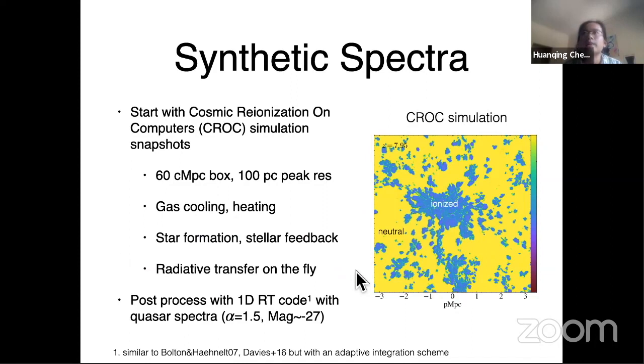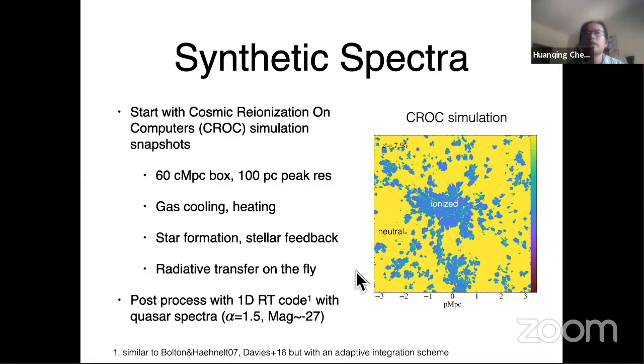We obtain these synthetic spectra by post-processing the Cosmic Reionization On Computers simulation. This CROC simulation has both a relatively big box of 60 comoving megaparsecs as well as high spatial resolution, and allows us to resolve the Lyman limit system, which is potentially important in modeling the proximity zone.